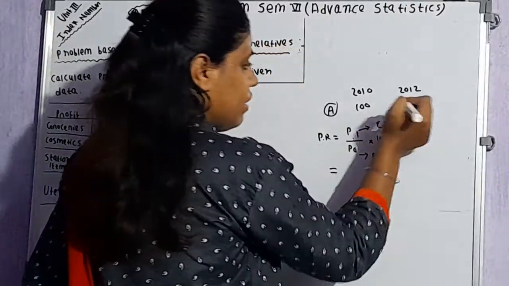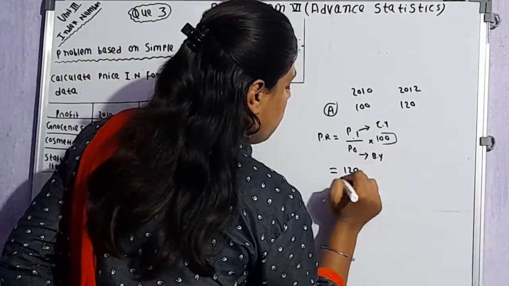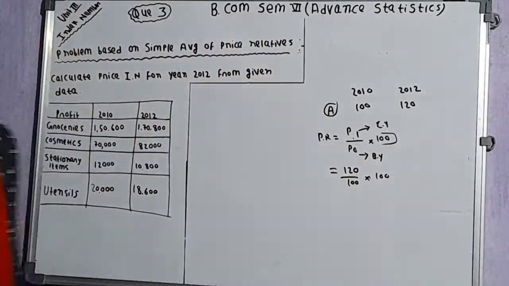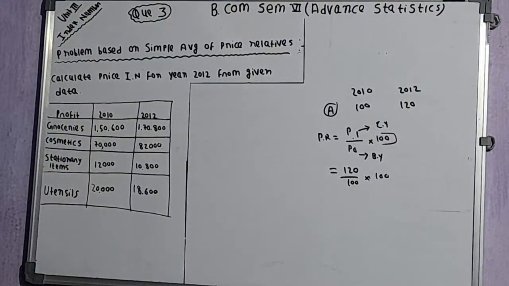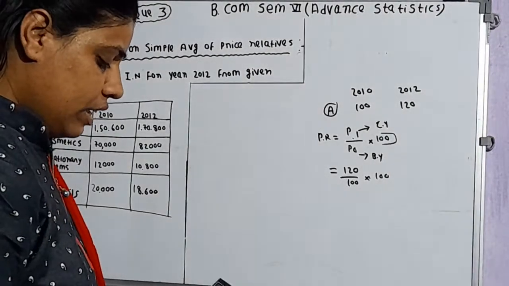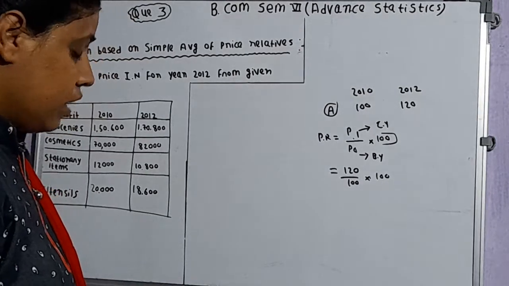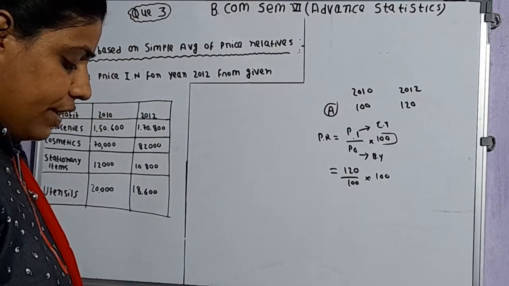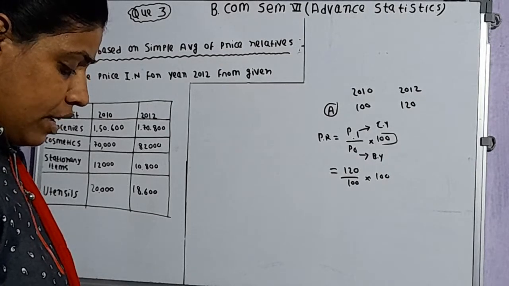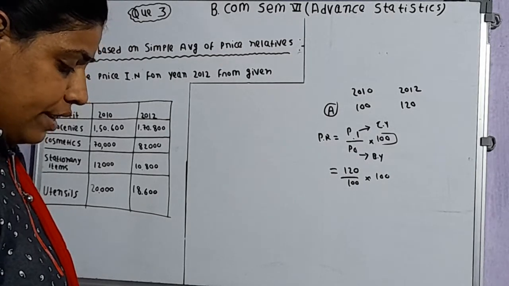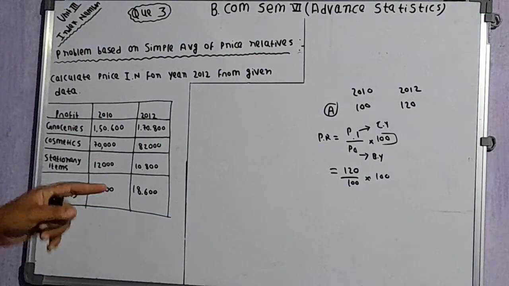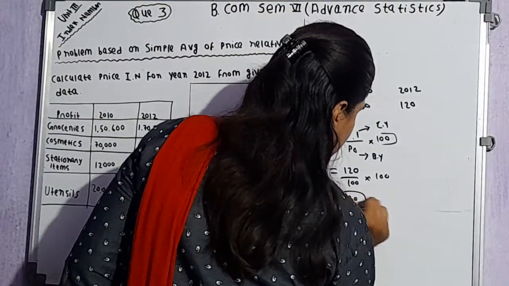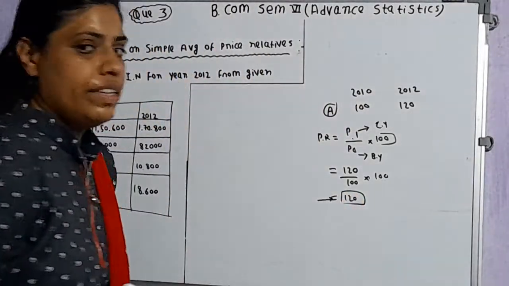So P1 means 120 upon 100 into 100, that is 120 divided by 100 into 100. It comes to 120. So here the price relative is 120.